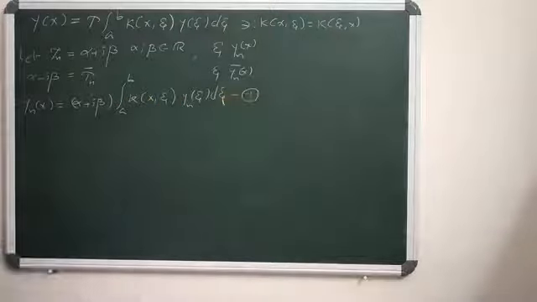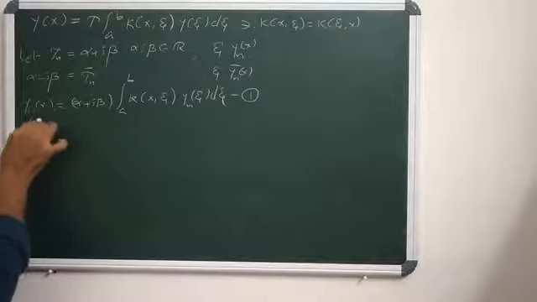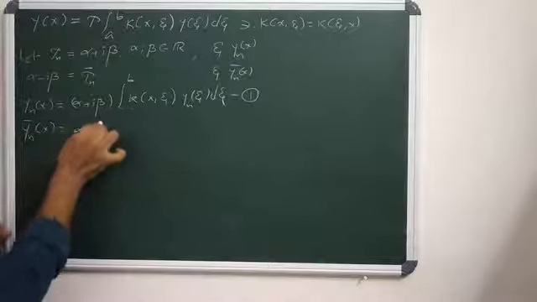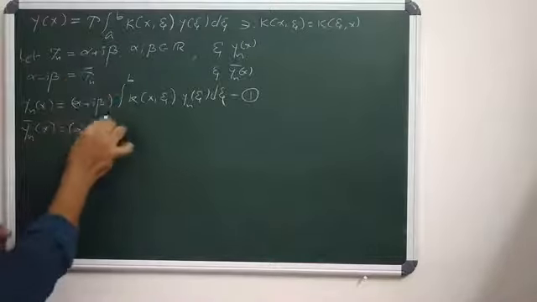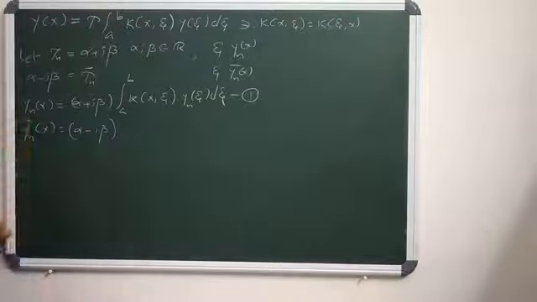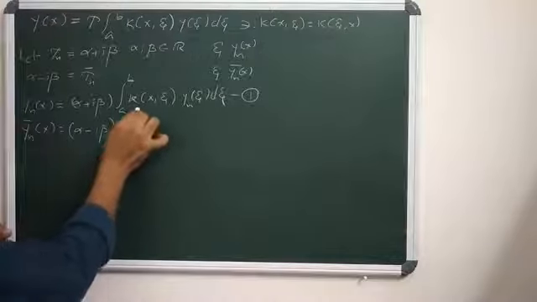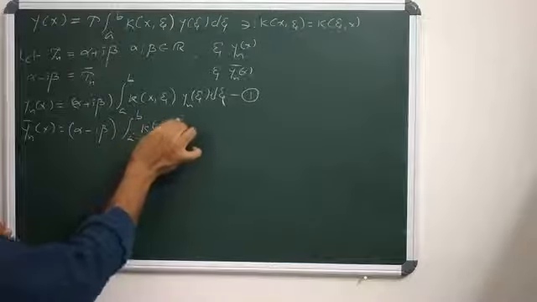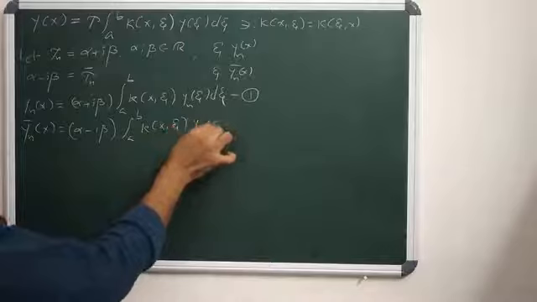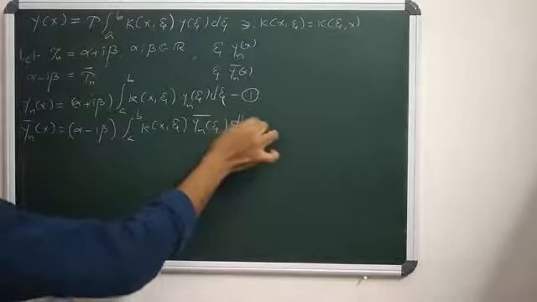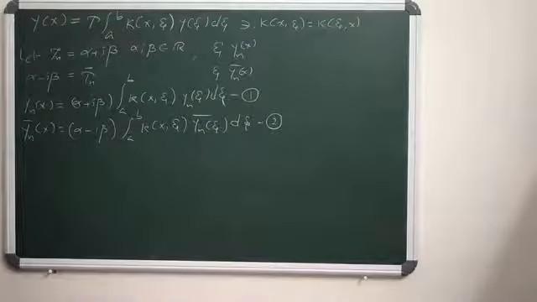Mark this as equation 1. So what is y_n bar (x)? y_n bar (x) equals lambda n bar, that is alpha minus i beta, into integral from a to b of k(x, theta) y_n bar (theta) d theta. Mark it as equation 2.